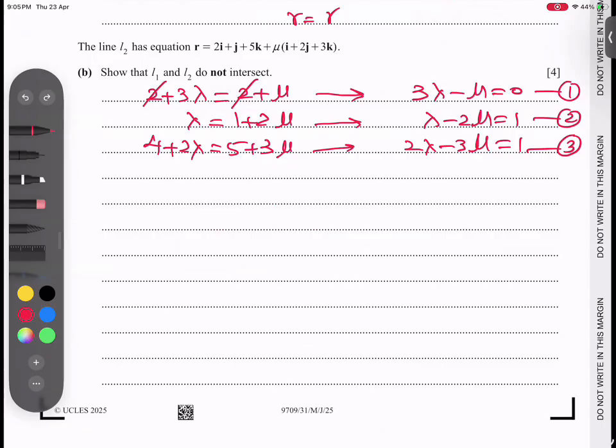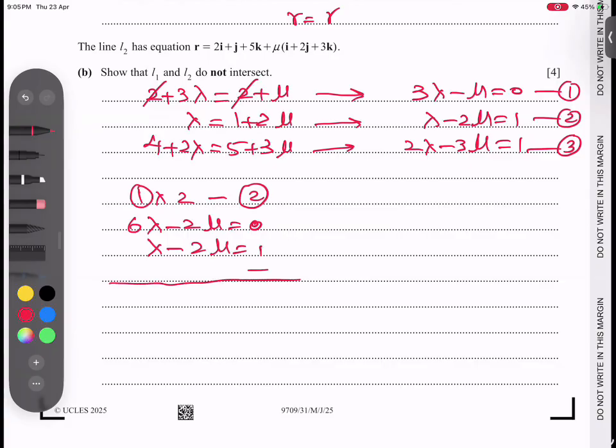So I'm going to multiply the first equation by 2 and subtract equation number 2. So 2 times 3 is 6 lambda and 2 mu is equal to 0. And the below equation, no change. Now subtracting means signs change. This cancels out. 5 lambda is equal to -1, and the lambda value is -1/5.